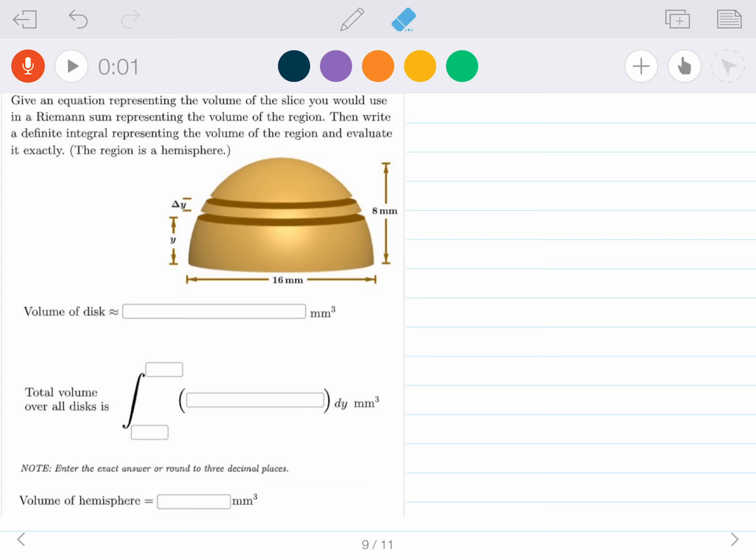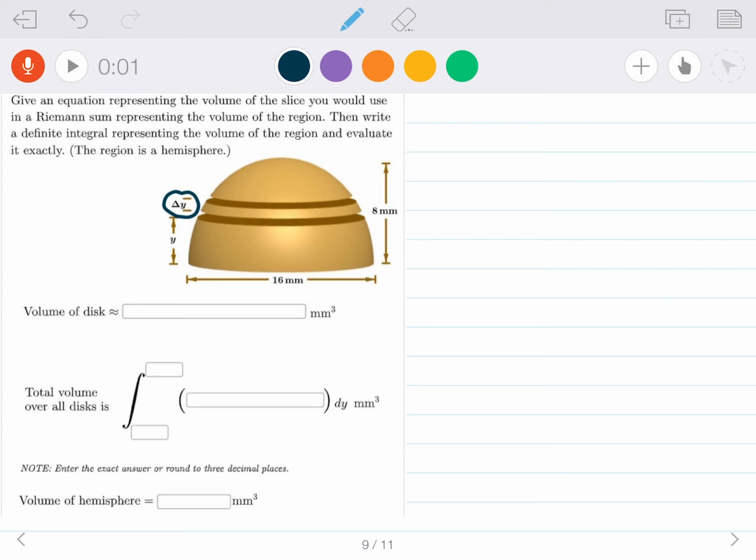Okay, so in this example, we want to figure out the volume of this hemisphere, this half sphere. We want to first figure out the volume of each of these individual slices that we can see in the picture. So the first thing is the volume of the slice, or the volume of the disc. We can see that it has a thickness of delta y.